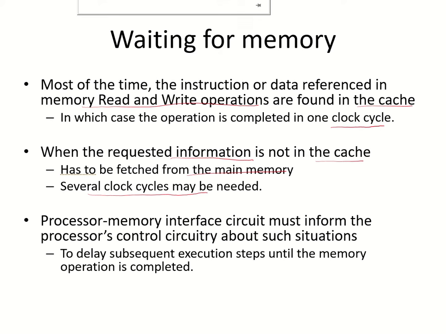So the stages which are following a memory access stage have to be delayed so that the memory access is completed. So the processor memory interface must inform the control circuitry about these situations so that the next stages can be delayed and those control signals are not generated.